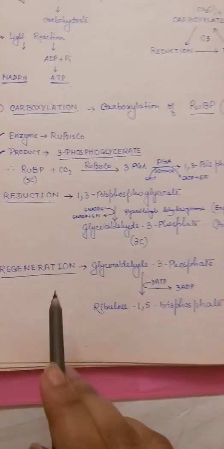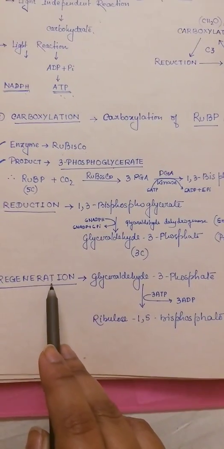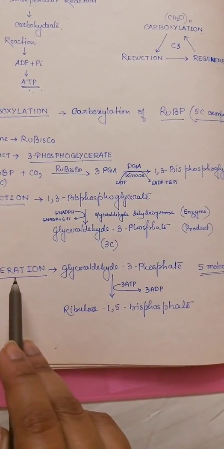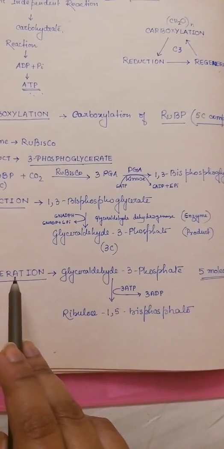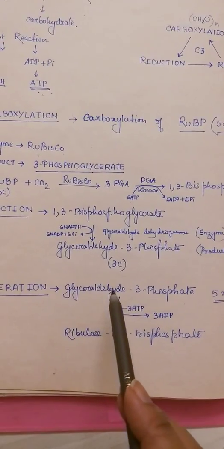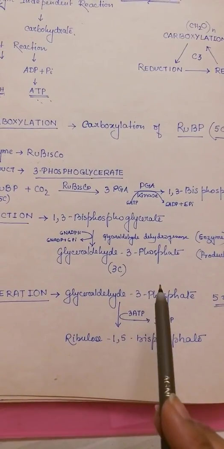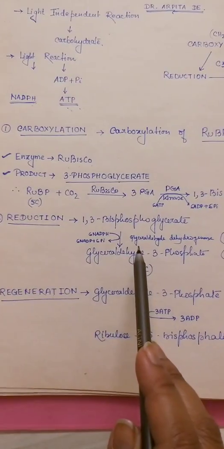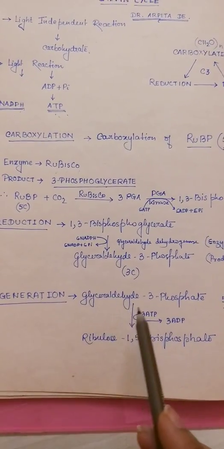Finally, we come to the regeneration phase. Here, the carbon dioxide acceptor or RuBP is once again regenerated. We see glyceraldehyde 3-phosphate is formed in this reduction phase. Now 6 molecules are here.